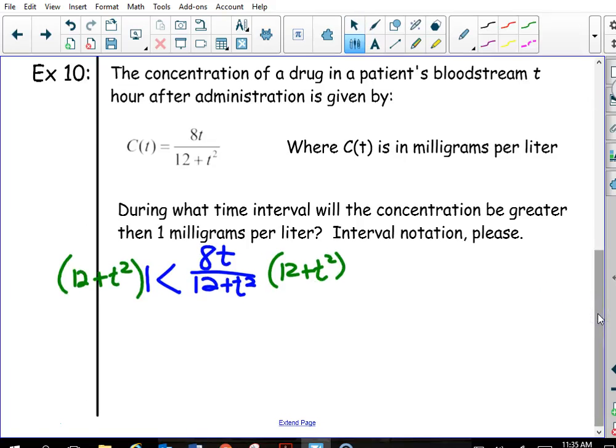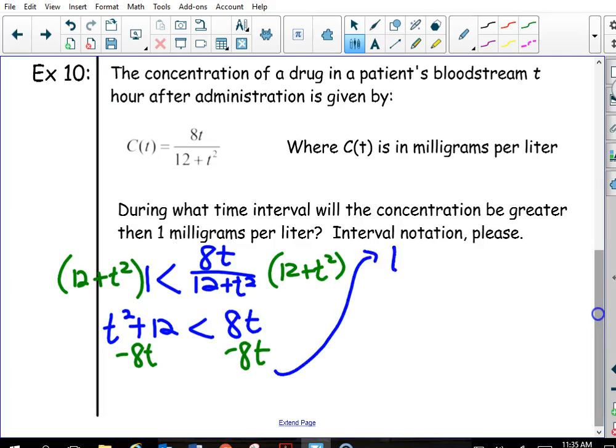I'm going to put it in standard form. T squared plus 12 is less than 8t. Let's get a 0 over here. We'll get t squared minus 8t plus 12 is less than 0.